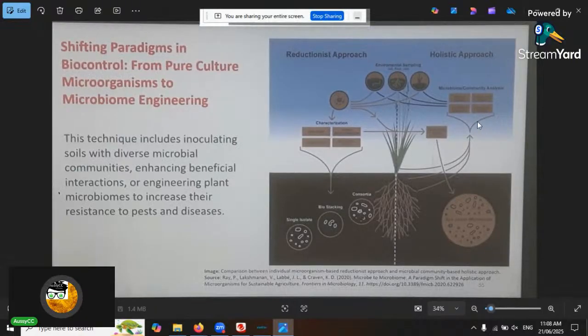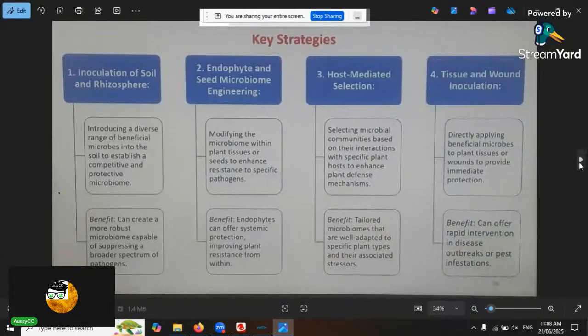Still hard to read. Key strategies, four of them. One, inoculation of soil in the rhizosphere. Two, endophyte and seed microbiome engineering. Three, host-mediated selection. And four, tissue and wound inoculation. So four ways to get your microbes into your plant and soil.